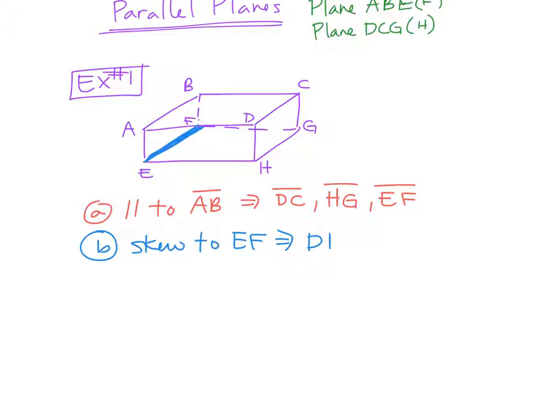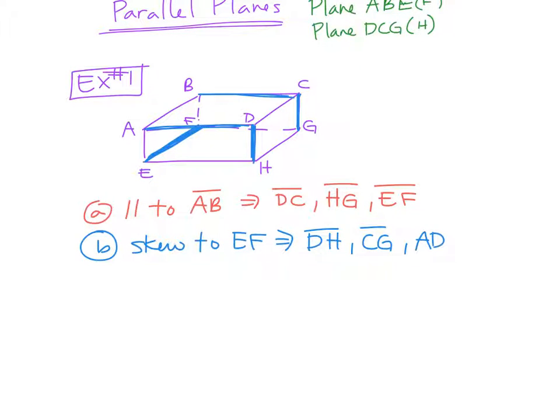DH would be one. That's this one here, right? That's skew. What else? CG. Did I hear another one? AD and BC. Good.